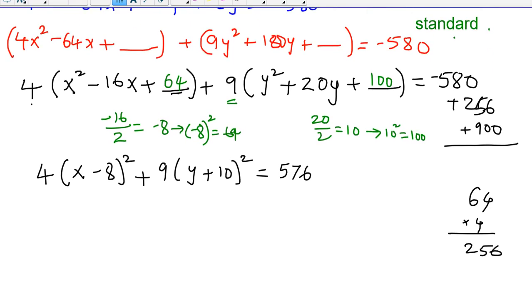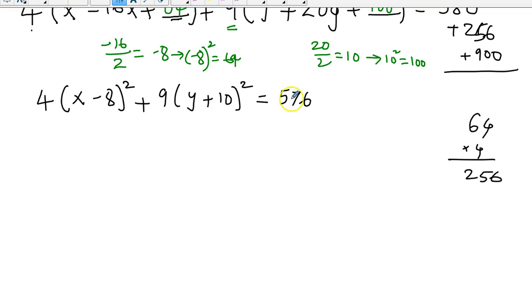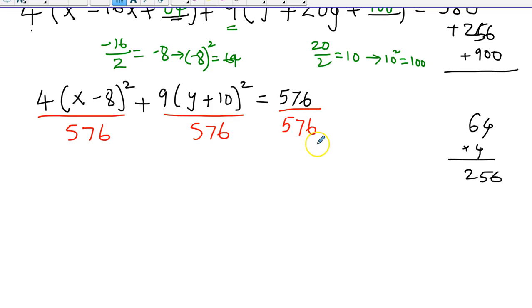On the right hand side, if I want to cancel this 576 and make it 1, the best way is to divide by 576. So if you divide the right hand side by 576, you have to divide every term on the left hand side also by 576. So divide by 576 throughout.